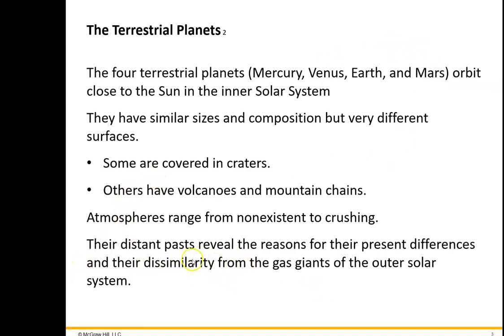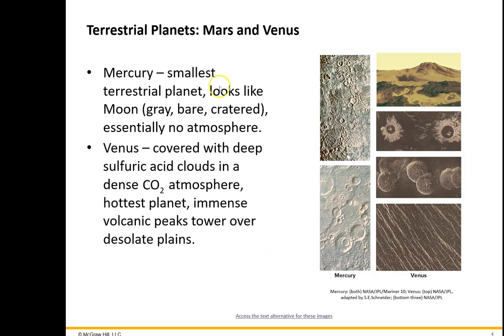And this does have to do with the distances that they formed from the sun. The gas giants are made of more icy material. We'll get to those in another chapter, which I think is actually chapter 9.